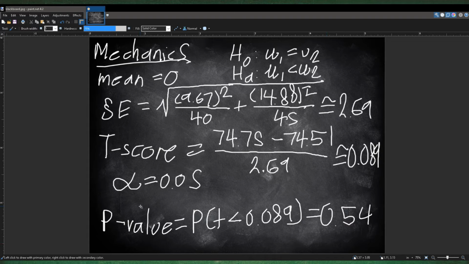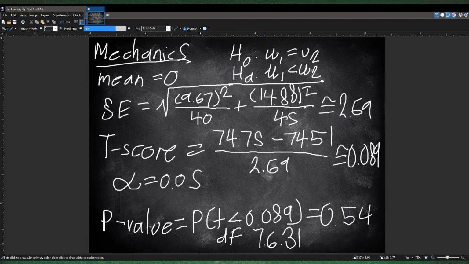Your degrees of freedom, and that's why you can't use the TCDF, because you don't know what your degrees of freedom is. So your degrees of freedom is equal to 76.31.